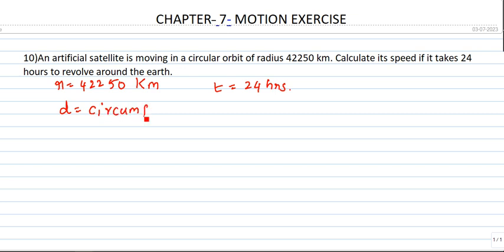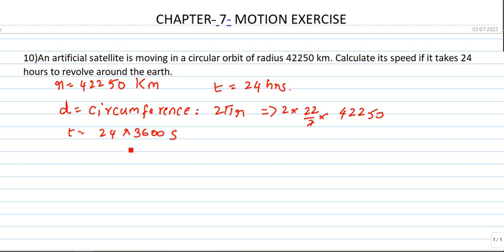Circumference, which is equal to 2 pi r, which is equal to 2 into 22 by 7 into r, where r is the radius, which is 42,250. Then the time is 24 hours, which is equal to 24 into 3600 seconds.